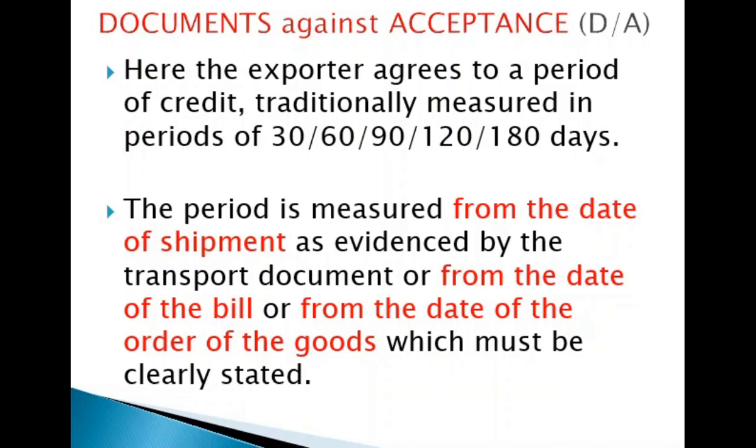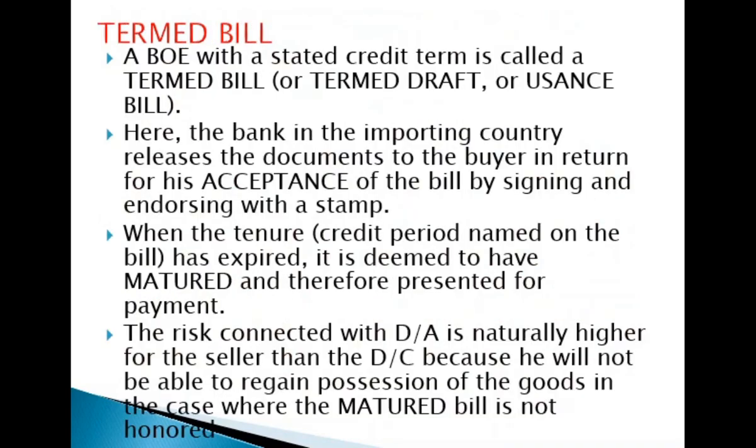The period is measured from the date of shipment as evidenced by the transport document, or it may be from the date of the bill or from the date of the order of goods. There are three issues here, and whichever is chosen must be stated clearly. Now, the next bill of exchange is called termed bill.